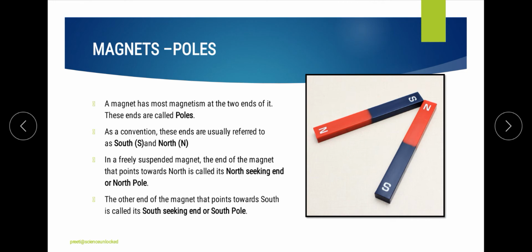Whenever we suspend a magnet freely, it will always point in the north-south direction of the earth's polarity. As a result, we have started calling them north and south pole. The one which was pointing towards the north pole of earth is considered the north pole of the magnet. On the other hand, the one which was pointing toward the south pole of earth was given the name south pole for the magnet.